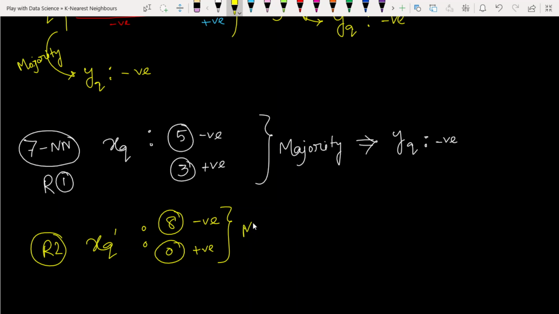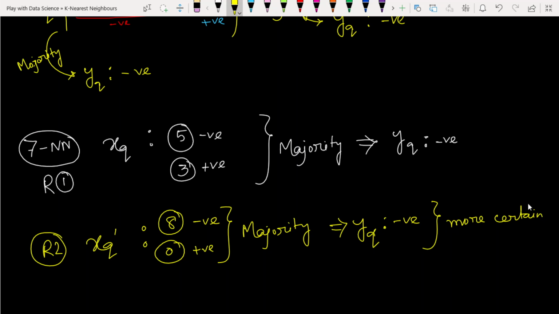And if you consider the majority vote, we take the same conclusion: the output of this query point xq dash is also negative. But here we are more certain, and here we are less certain.